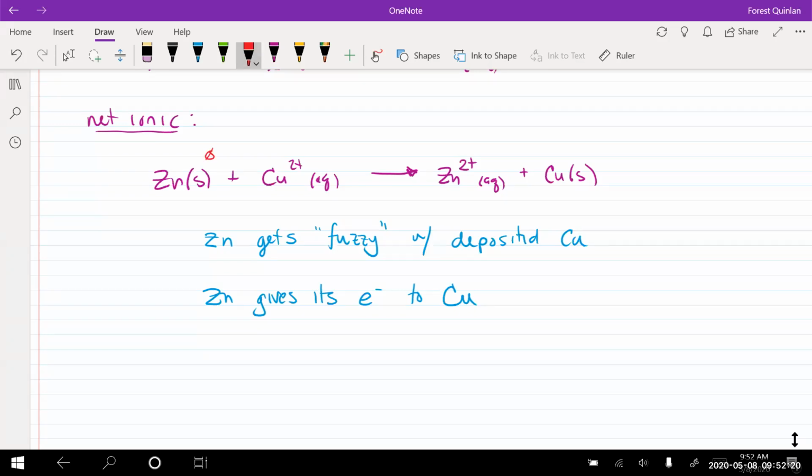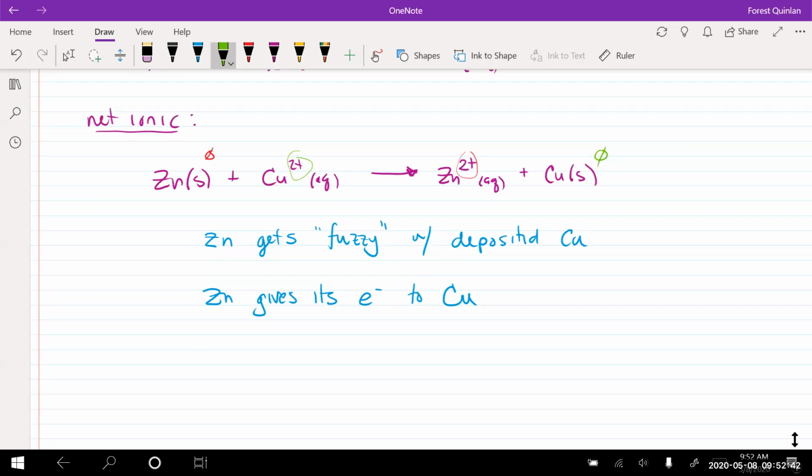It's got no charge there. It gave up its 2 electrons to become a zinc 2 plus. The copper said, oh, I'm going to go from a 2 plus down to a 0. I must have gained those electrons. This transference is what we call a redox reaction.